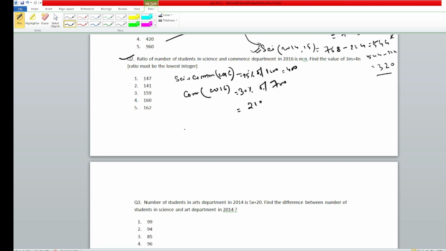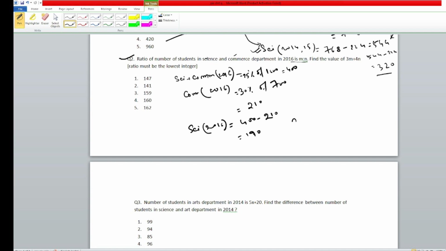So the number of students in science only in 2016 is equal to 400 minus 210, which is 190. It is saying that the ratio of science and commerce students in 2016 is m:n.